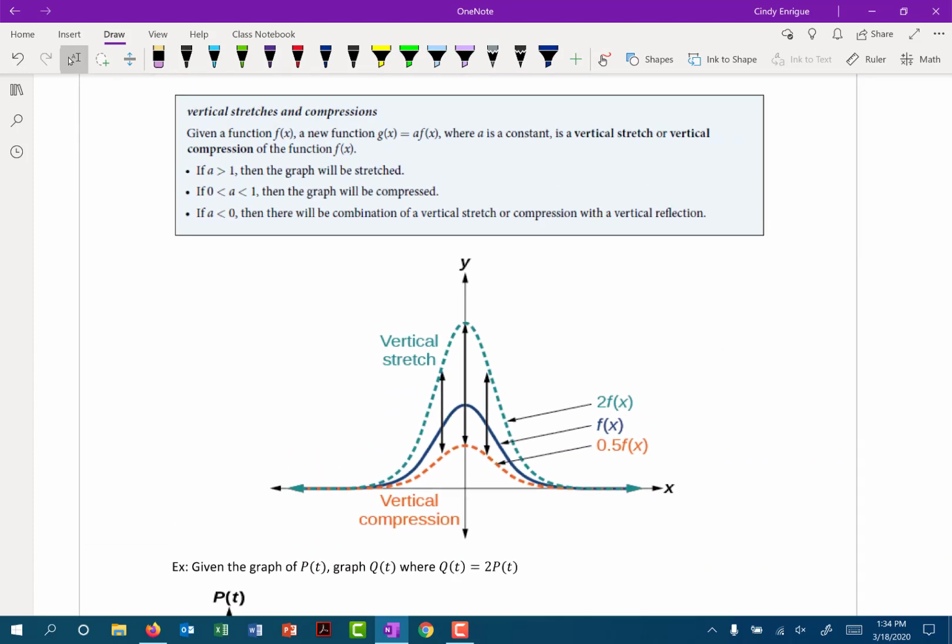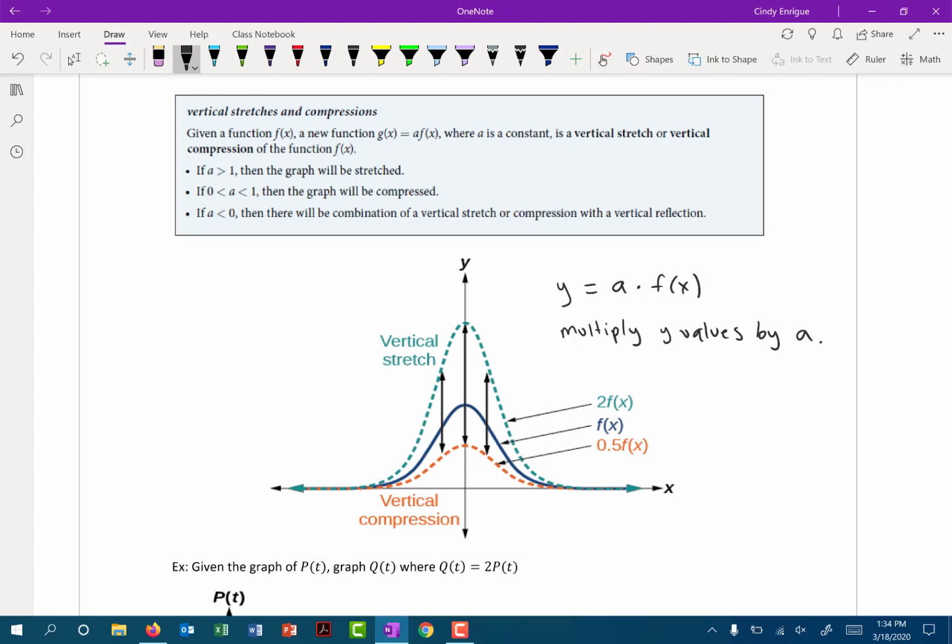Now, we're going to talk about vertical stretches and compressions. So the biggest thing I want to talk about is when you have y is equal to a times f of x, what that's telling you is to multiply your y values by a.